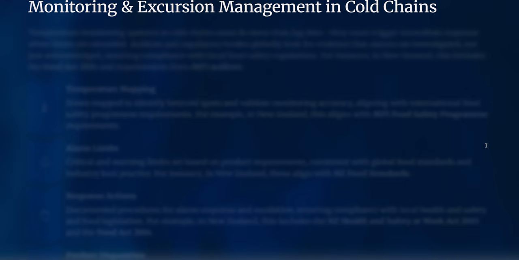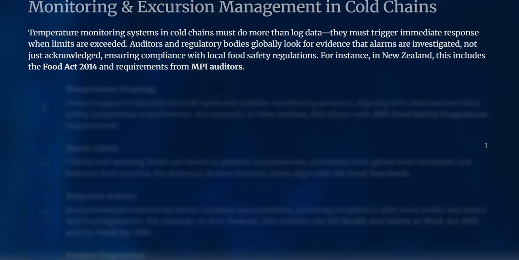Now let's look at the monitoring and excursion management in cold chain, the temperature excursion and monitoring in cold chains. Temperature monitoring systems in cold chain must be more than log data, okay? They must trigger immediate response when limits are exceeded.